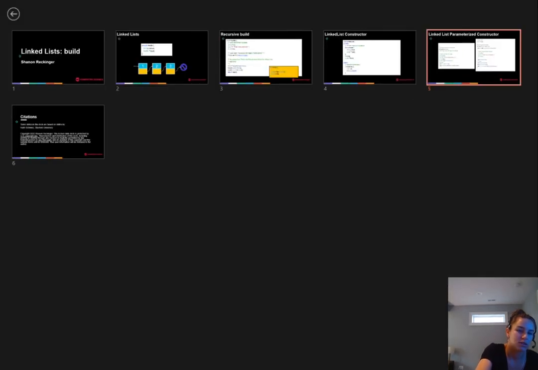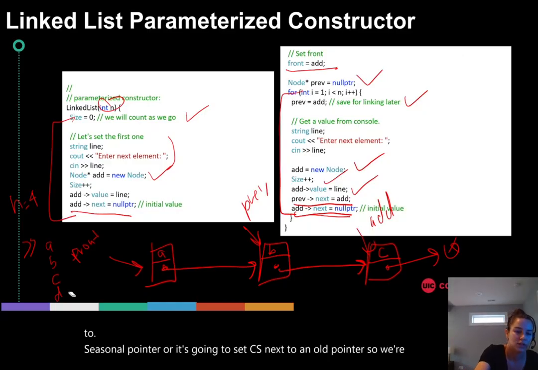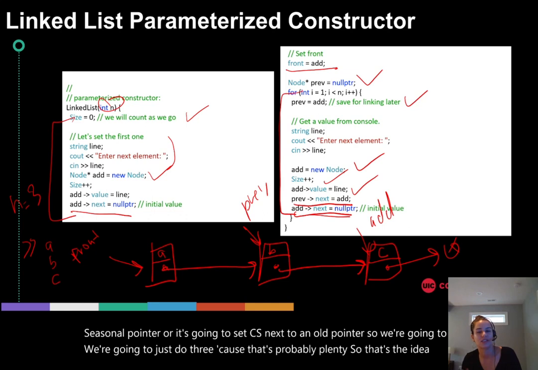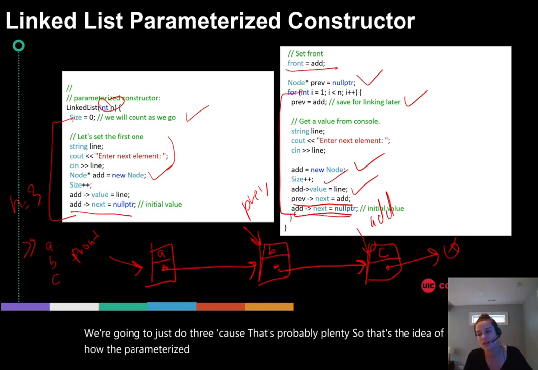So we are going to just do 3, because that's probably plenty. So that's the idea of how the parameterized constructor works and what the code looks like.